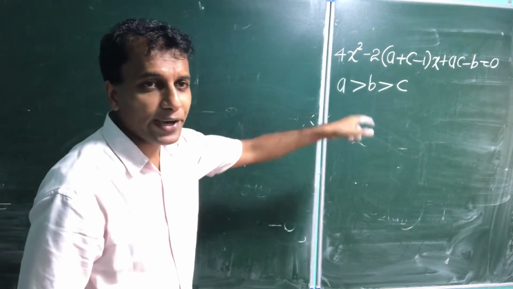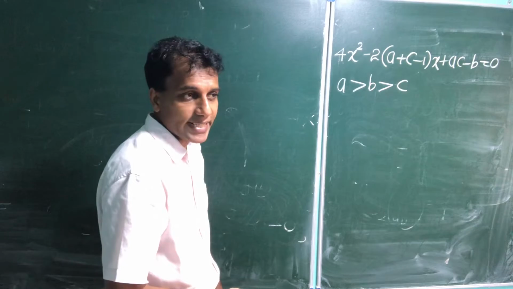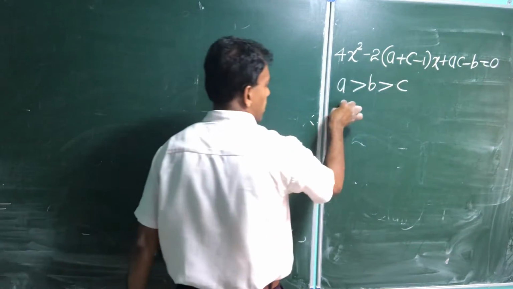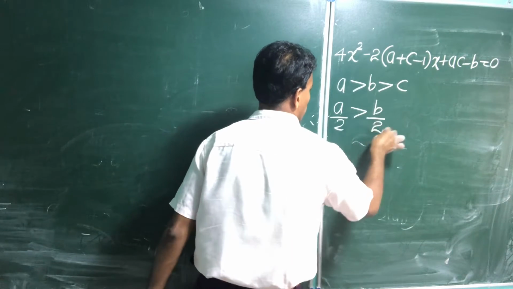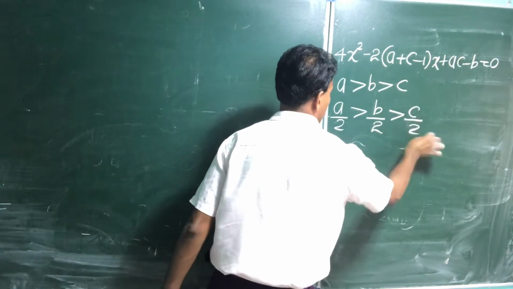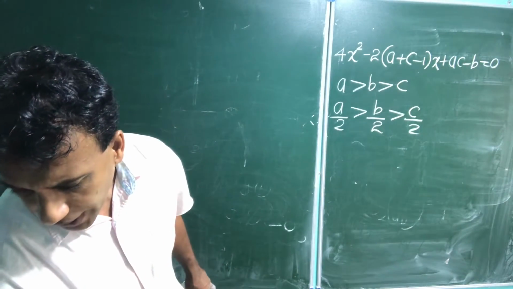If I divide by 2 here, this is the given answer. A is the biggest, C is the smallest. Therefore, a by 2 is greater than b by 2, which is greater than c by 2. So we will show that exactly one answer is between c by 2 and a by 2.